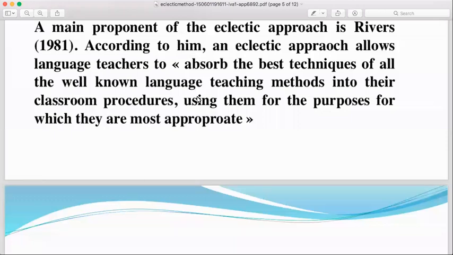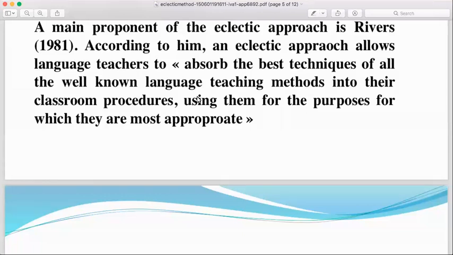The teacher can take advantage of all these methods and approaches, taking the strengths of all the methods and avoiding their disadvantages or weaknesses. So that's why the eclectic approach can be the best teaching approach in modern times.